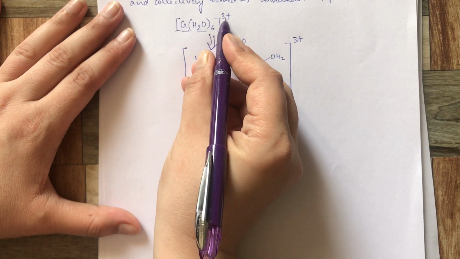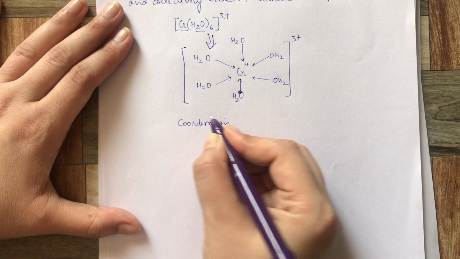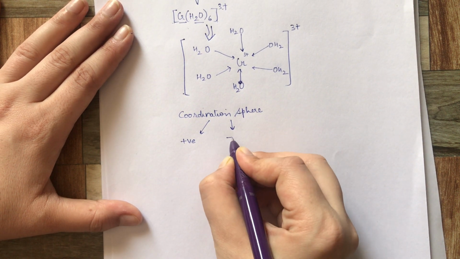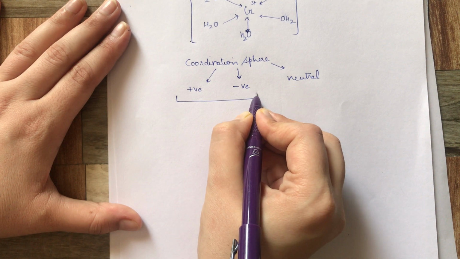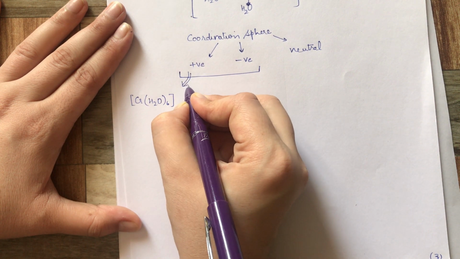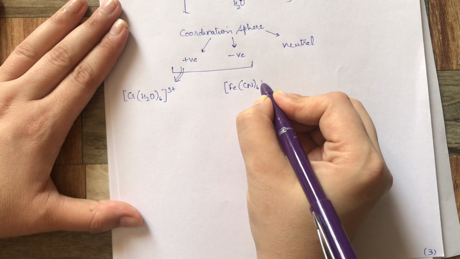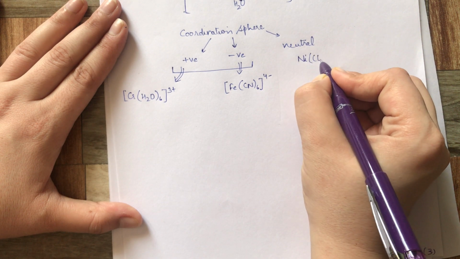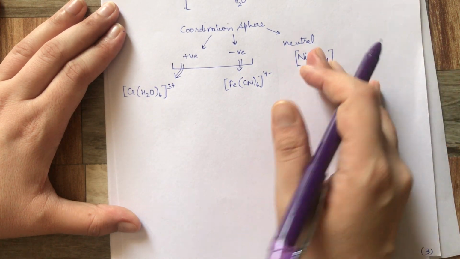Now if you see, this coordination sphere has some charge. What we know is that the coordination sphere may be positively charged, negatively charged, or neutral. This is a positively charged coordination sphere, this is a negatively charged one, and suppose this is a neutral coordination sphere, which has no charge on it, right?